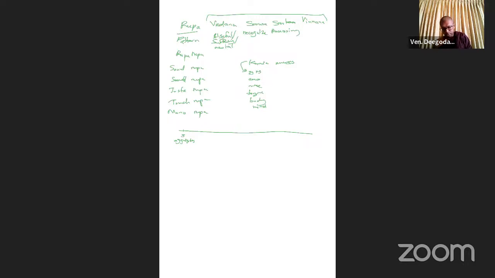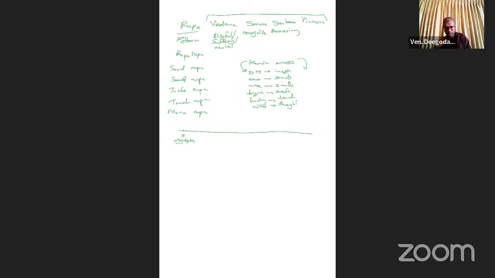And it also creates the collision of eyes and images, ears and sounds, nose and smells, tongue and taste, touch, and mind and thoughts.